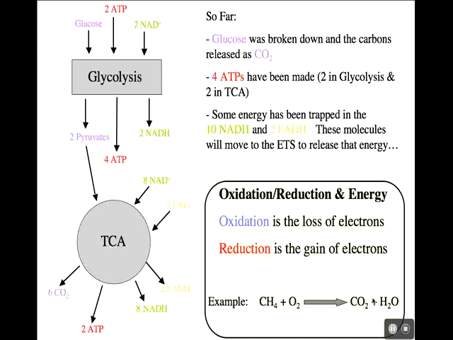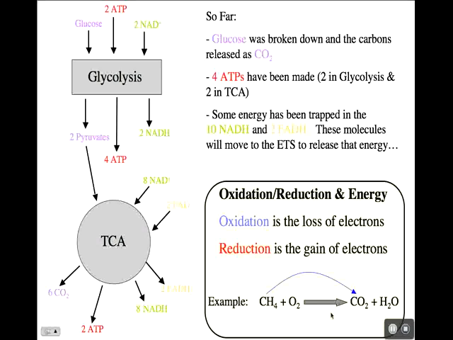Well, hopefully you're realizing it is losing electrons. How do I know that it's losing electrons? Because it's lost its H's. And electrons always travel with H's in biological reactions. So methane is becoming oxidized, turning into carbon dioxide. So this is an oxidation reaction.